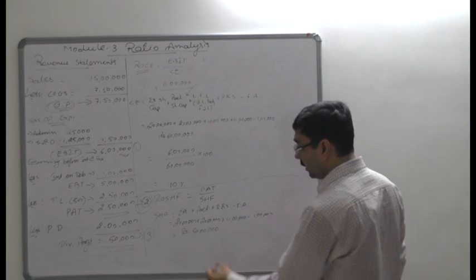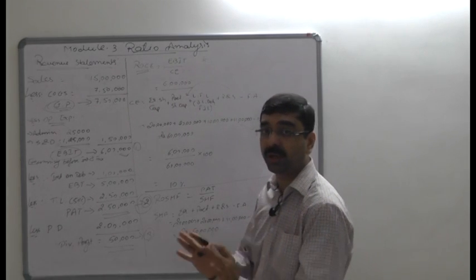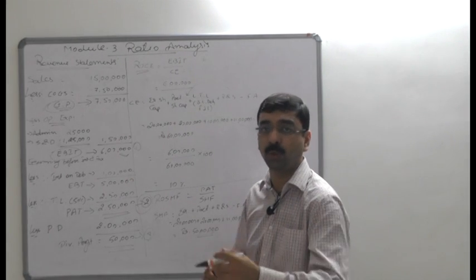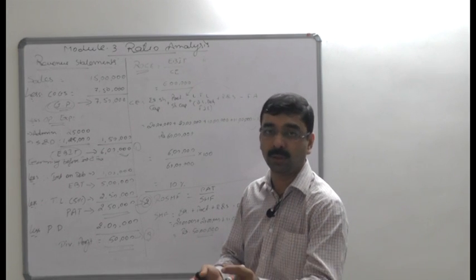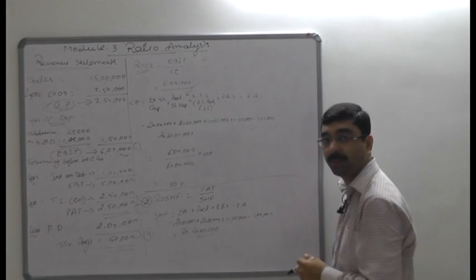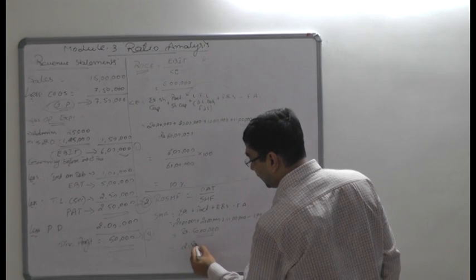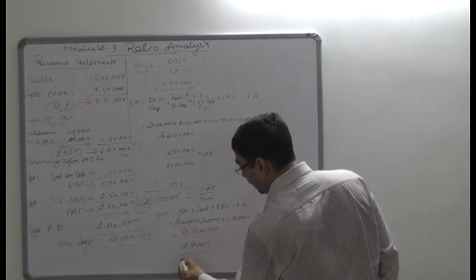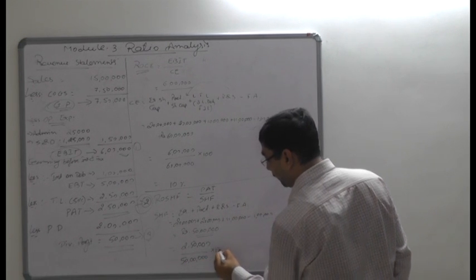Now this 50 lakh rupees is the total investment made by only the owners and promoters, including preference share capital, but ultimately preference is also partially an ownership fund. That's why it includes preference share capital. Now this would be compared to your profit after tax. Profit after tax is 2,50,000 divided by 50 lakhs into 100.